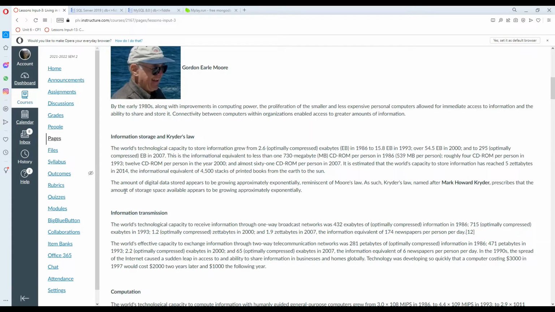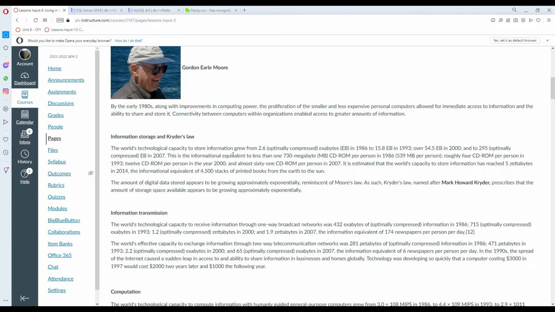The world's technological capacity to store information grew from 2.6 exabytes in 1986 to 15.8 exabytes in 1993, over 54.5 exabytes in 2000, and to 295 exabytes in 2007.